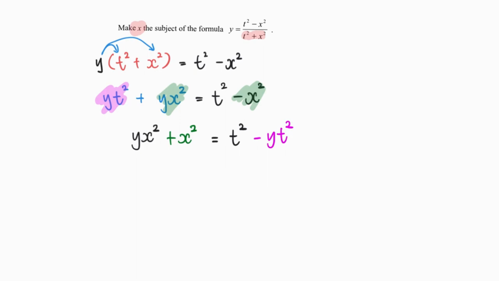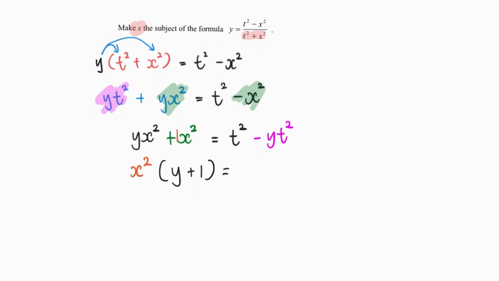And next, since x squared is already all on one side, I'm going to factorize my x squared here, by taking out x squared as the common factor. I'm left with y plus 1. For your info, there's an invisible one there. That's why you see I have a plus 1 here.